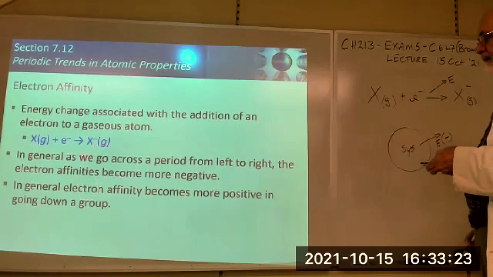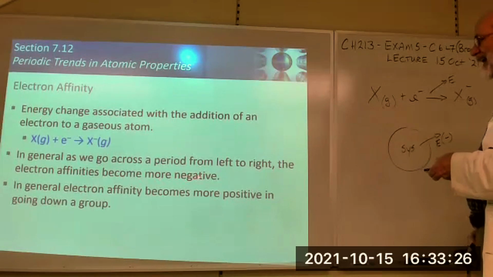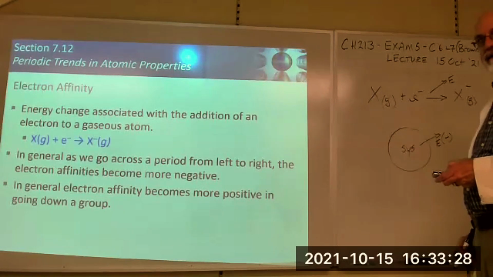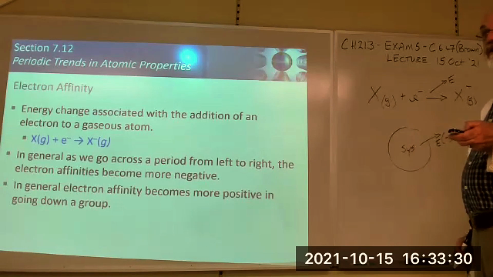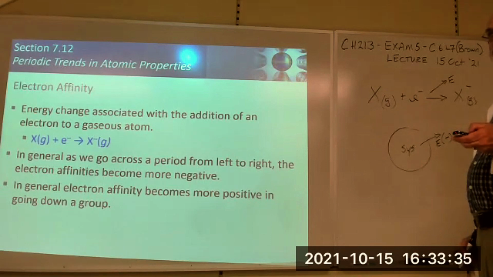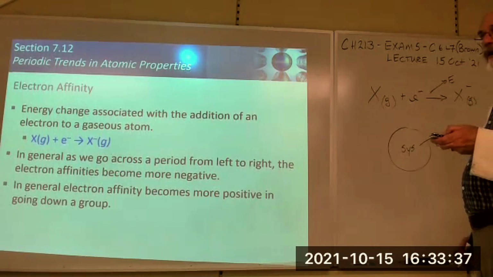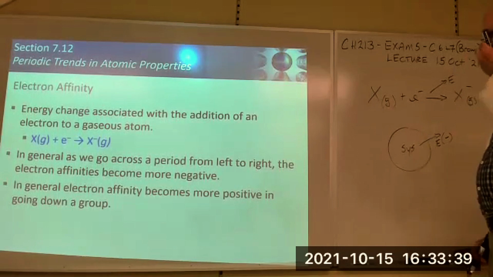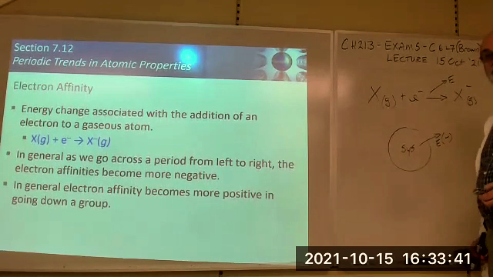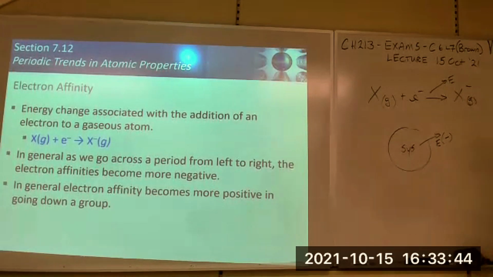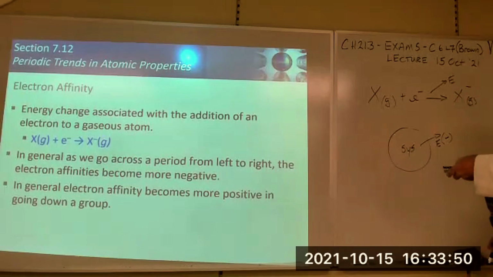So here when we say electron affinities become more negative from left to right, that is, the strength of attraction of an electron to a neutral atom across this period increases as you go left to right until fluorine is the most strongly attracted to an electron of all the elements in the periodic table. And down a group, the electron affinity becomes more positive.